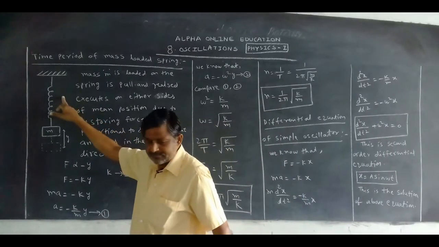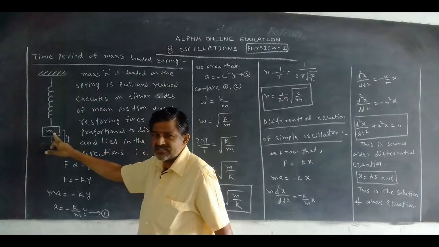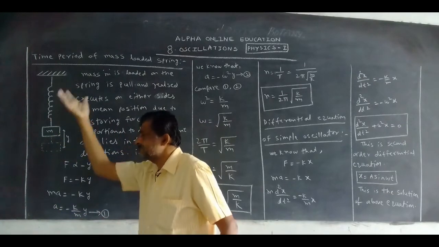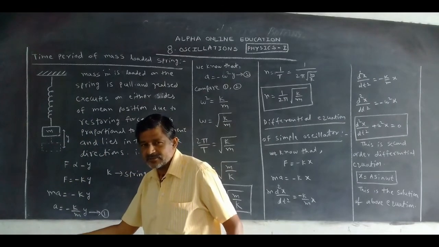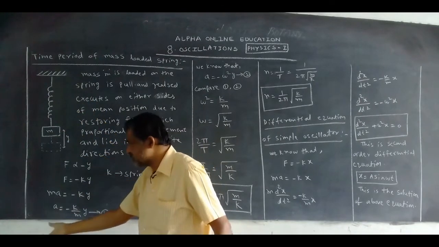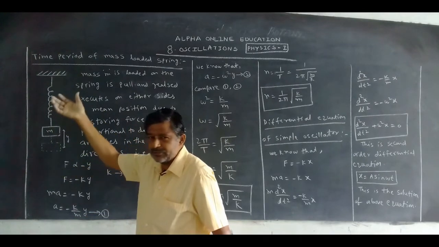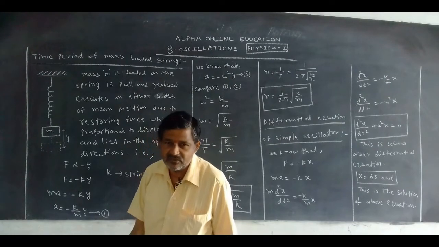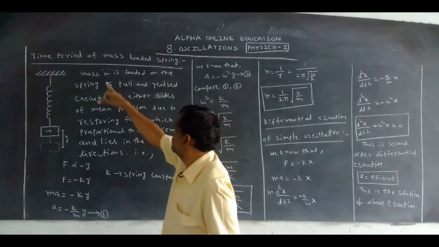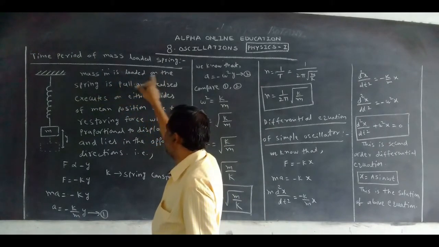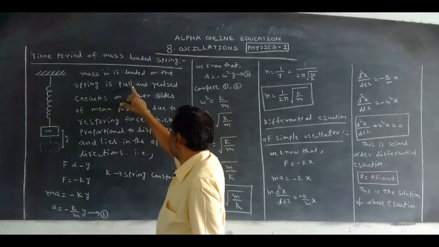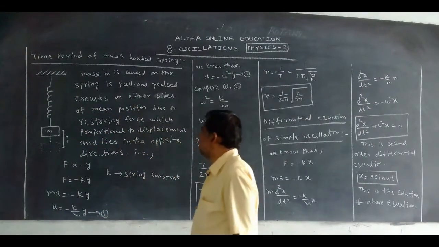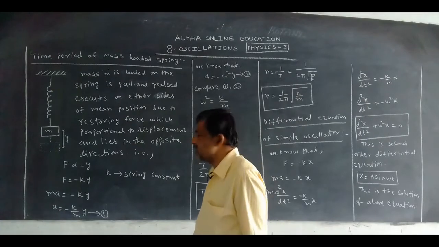This is the spring, mass M is loaded, pulled and released. It makes the vibrations, means it moves from mean position to extreme position, on either sides of mean position.